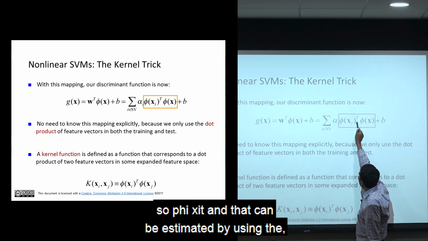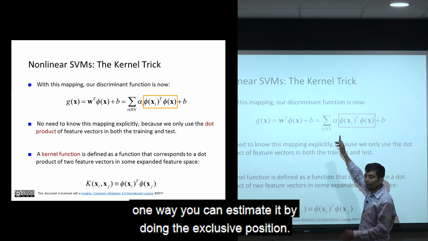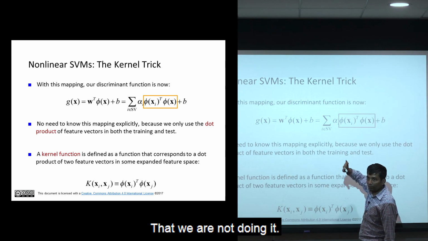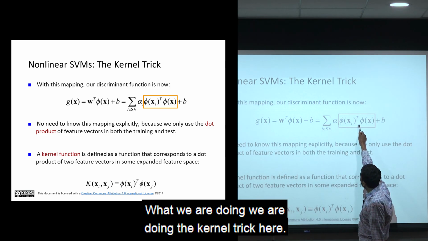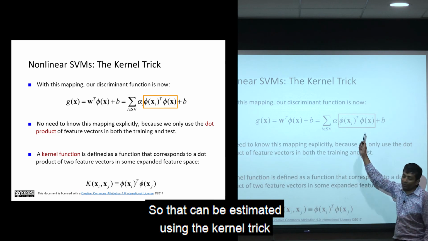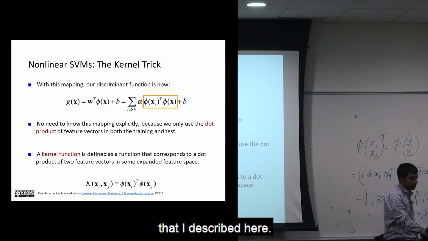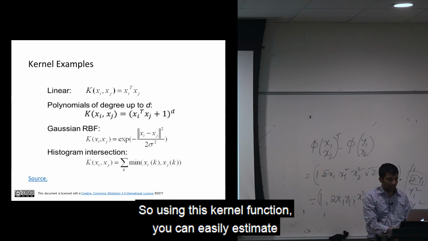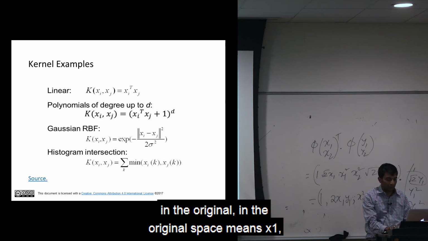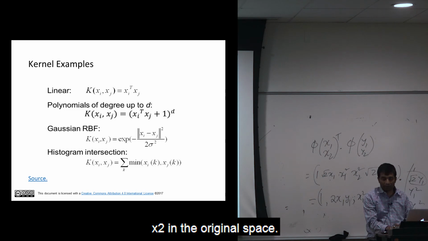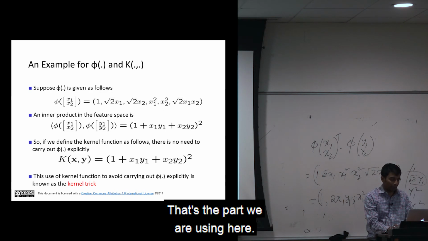So phi(x_i) dot phi(x) can be estimated, one way by doing the explicit projection, which we are not doing. What we are doing is the kernel trick here. So that can be estimated using the kernel trick that I described here. Using this kernel function, you can easily estimate it in the original space, meaning x1, x2 in the original space. That's the power we are using here.